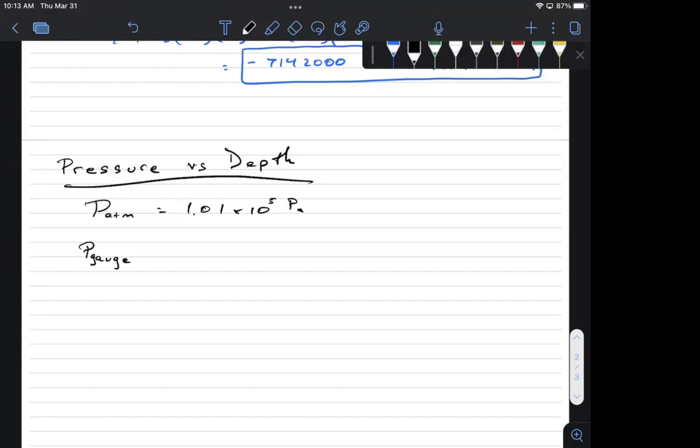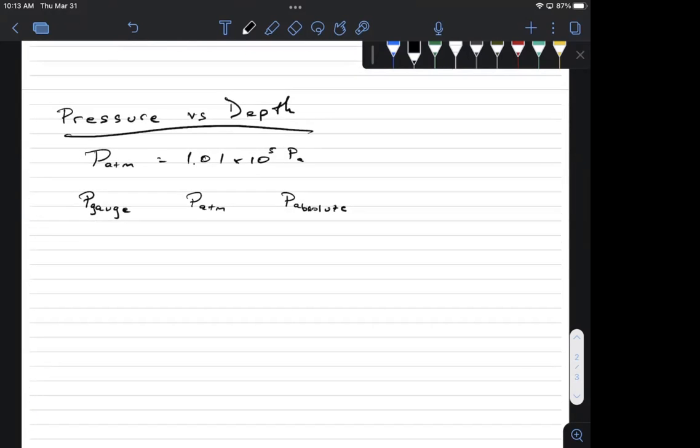Gauge pressure is the extra pressure something feels on top of atmospheric. And so what we could say, let's do it this way. There's three types of pressure we can think of: gauge pressure, atmospheric pressure, and something called absolute pressure or total pressure. Okay.